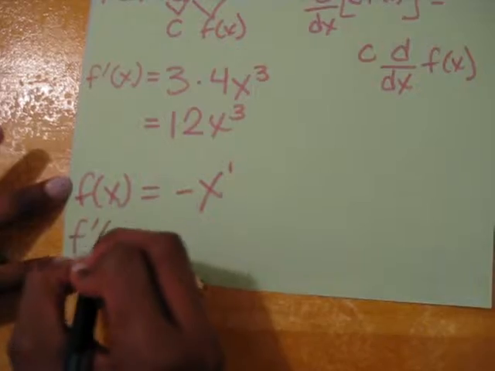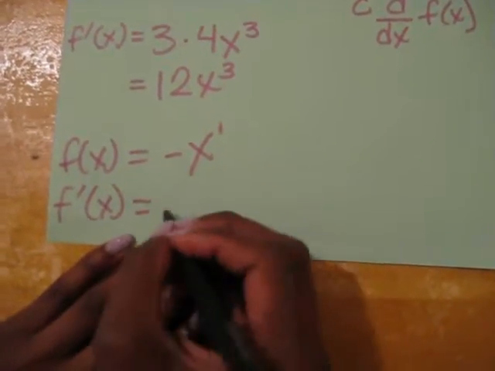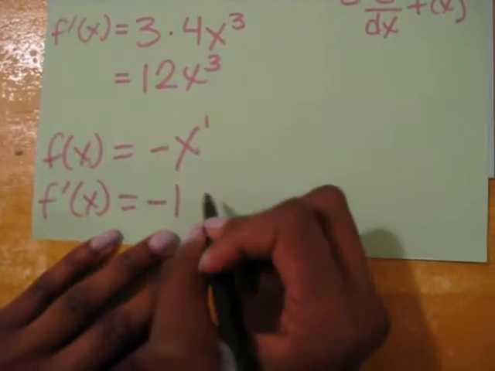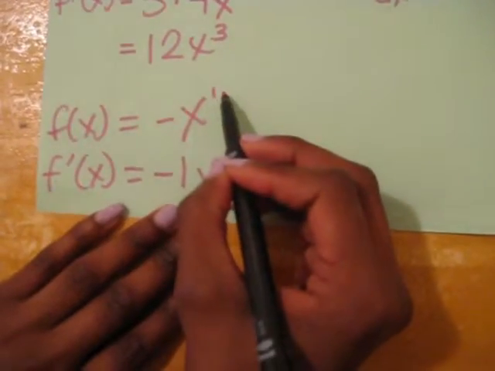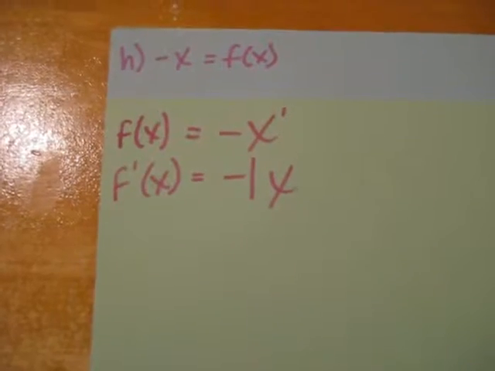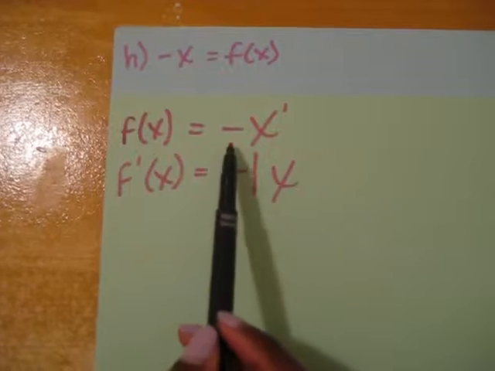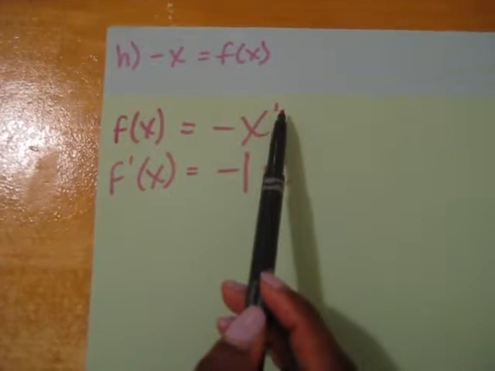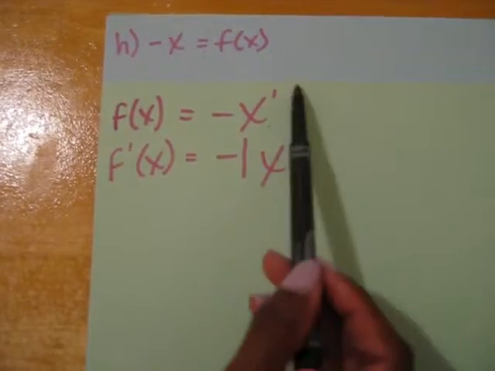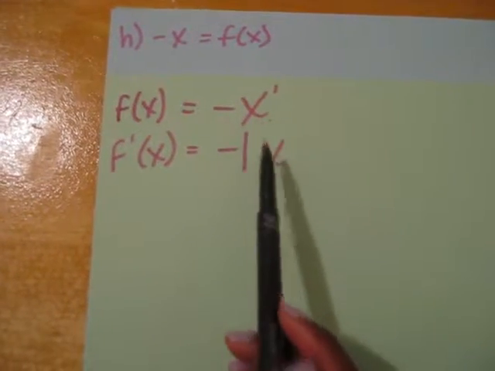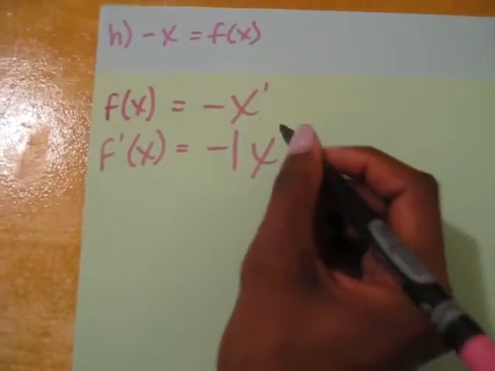So f prime of x equals, you bring down the 1, so you have negative 1, leave the variable, and then 1 minus 1. Sorry about that, to pick up where we left off, we had negative x to the 1 power. Now the derivative is negative 1, you bring down the power, leave the variable, and then you do the exponent minus 1.